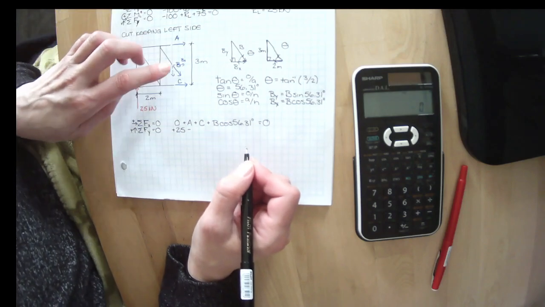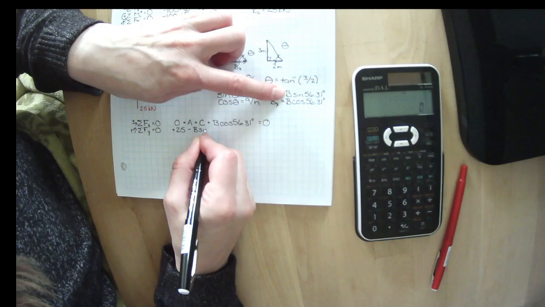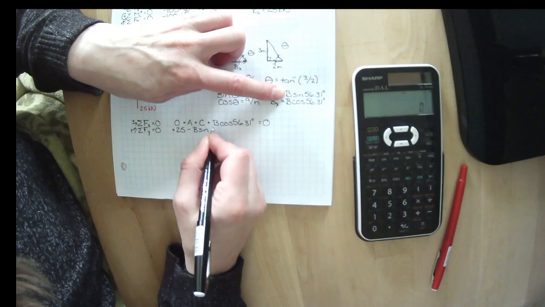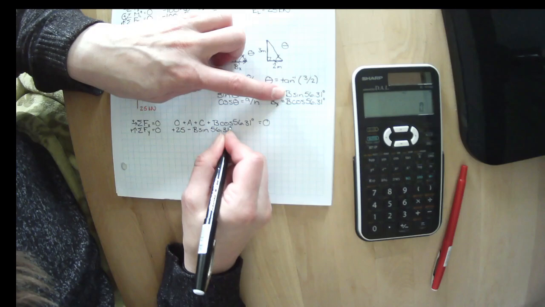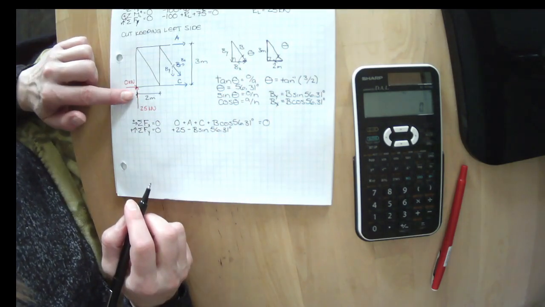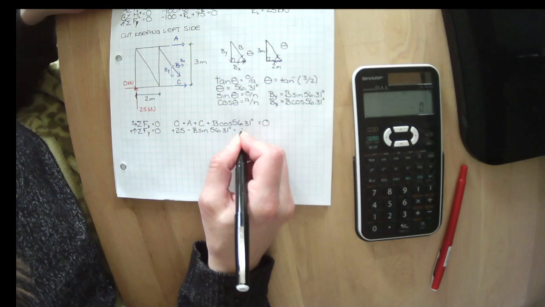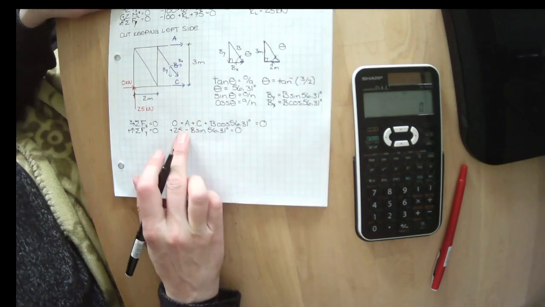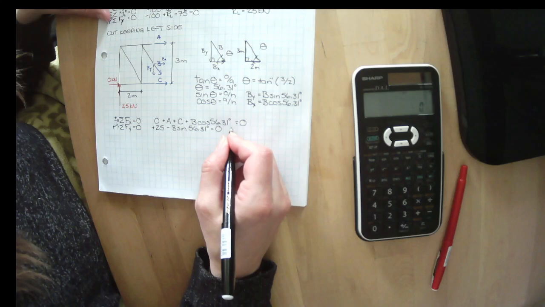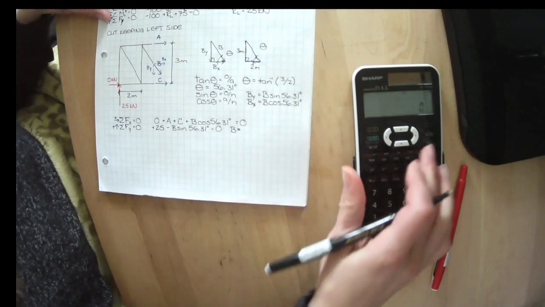So By equals B sine 56.31 degrees. Those are the only 2 forces acting in the y direction. Well, look at that. 1 equation, 1 unknown. It looks like we can solve for B.